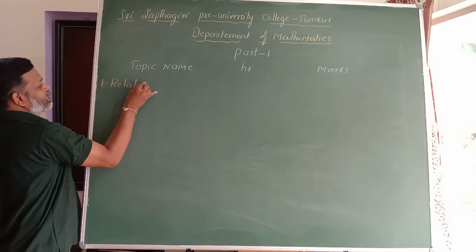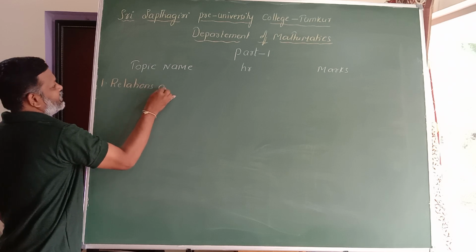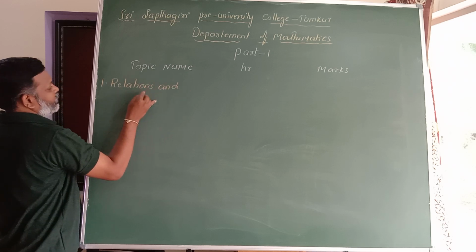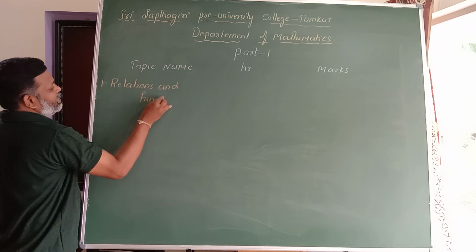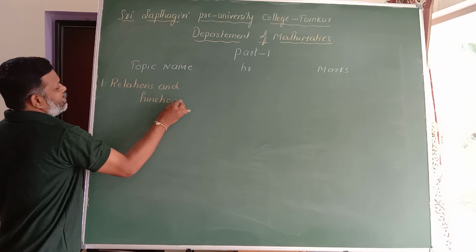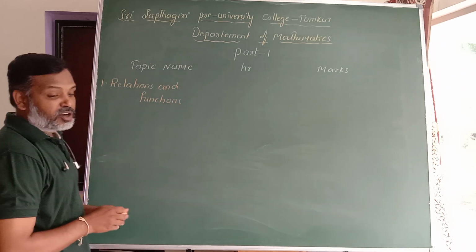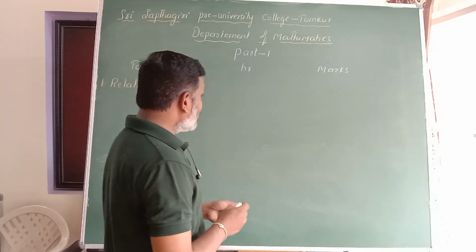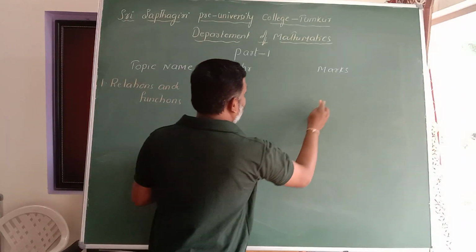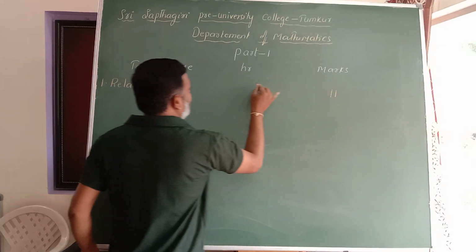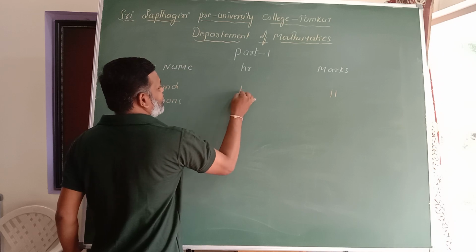So in part 1, the first topic is relations and functions. From this topic you will get 11 marks, and the number of teaching hours is 11.